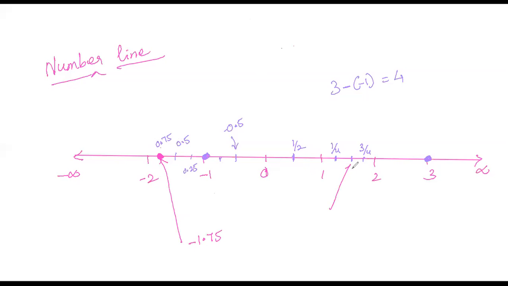Write the answer in fraction. How do you write? 1 and a half. You are going to write 1 and a half, or else it can also be written as 3 by 2 as an improper fraction. So this is how we represent all types of rational numbers in the number line.